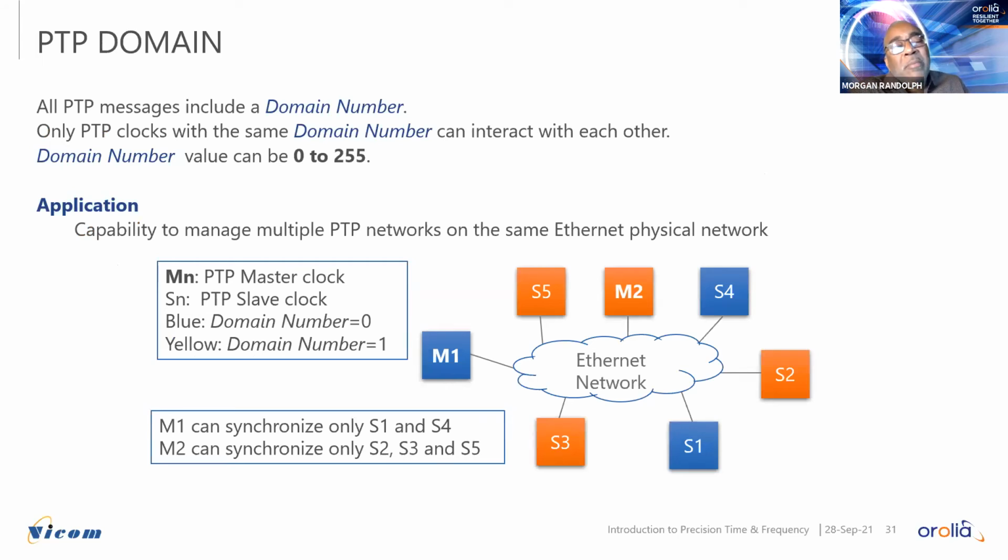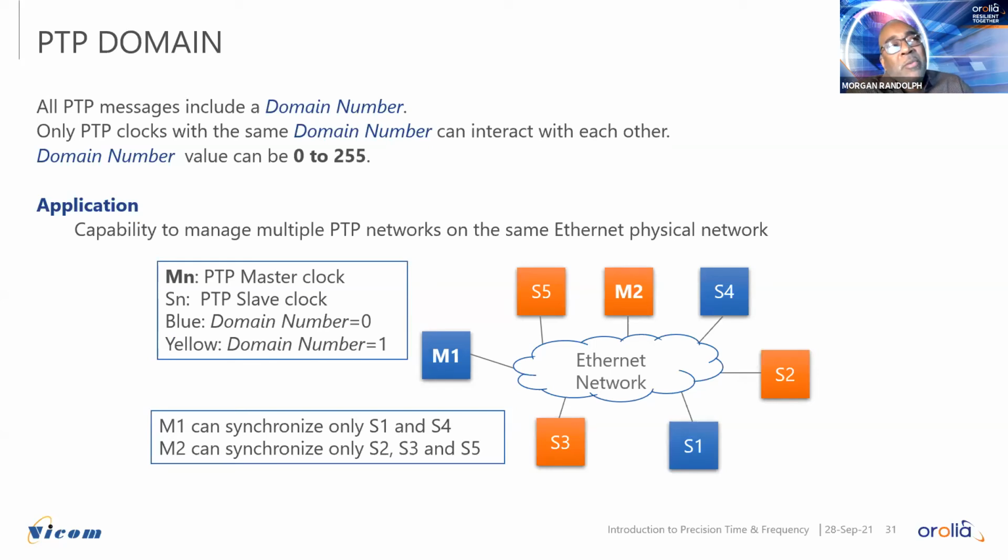There are domains within PTP, and those domains allow you to segment the PTP network or the PTP devices that you want controlled by specific masters. So all PTP messages include a domain number.